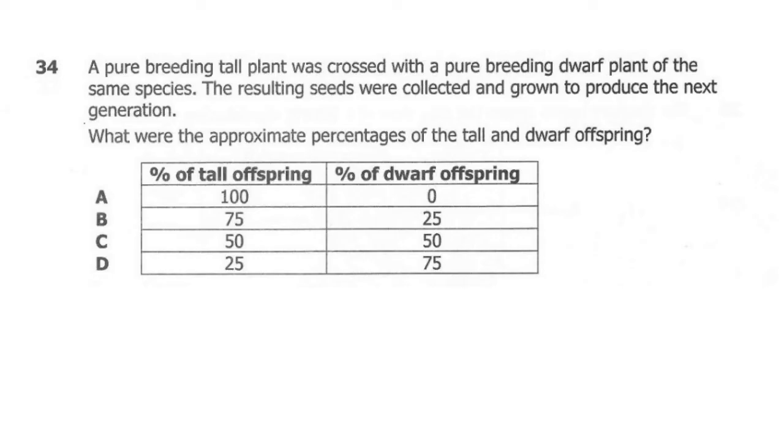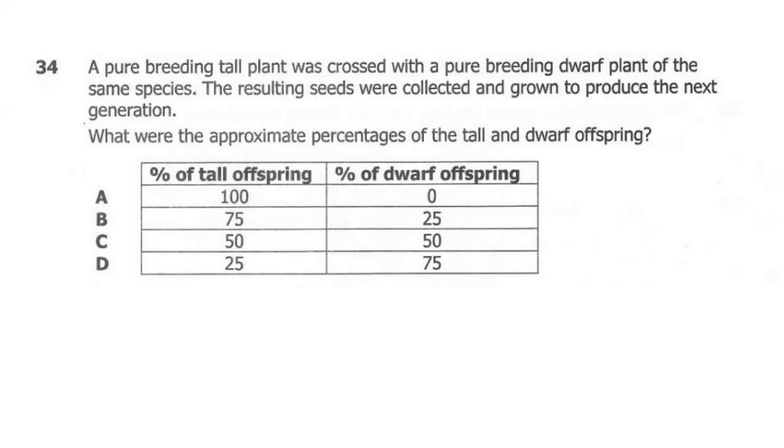Question 34. A pure breeding tall plant was crossed with a pure breeding dwarf plant of the same species. The resulting seeds were collected and grown to produce the next generation. What are the approximate percentages of the tall and the dwarf offspring? A. Percentage of tall offspring 100%, percentage of dwarf offspring 0%.